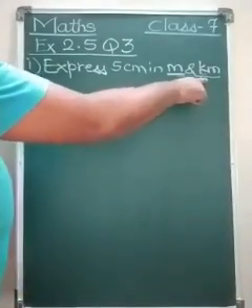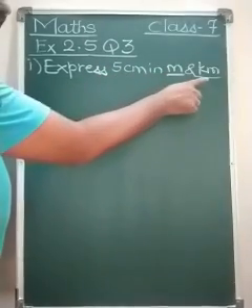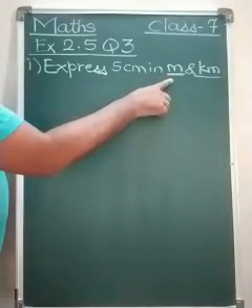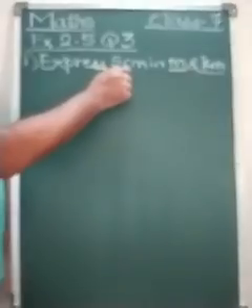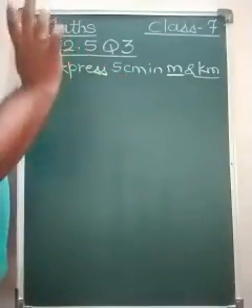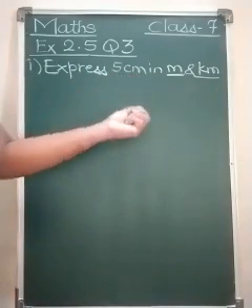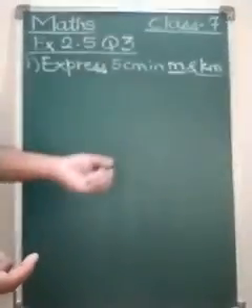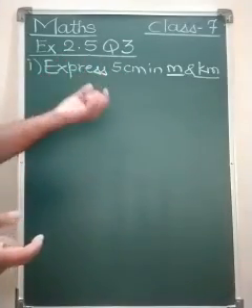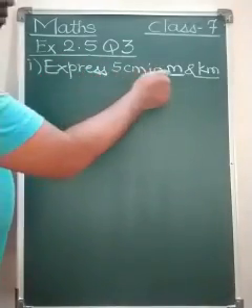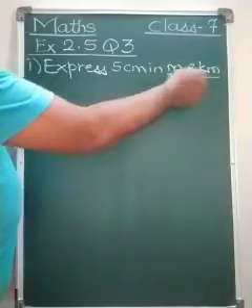So if kilometers is to be converted into centimeters, kilometers is first converted into meters and then meters into centimeters. This makes the process a bit lengthy, but you can solve both ways. Here we are going to convert centimeter first into meter and then meter into kilometer.